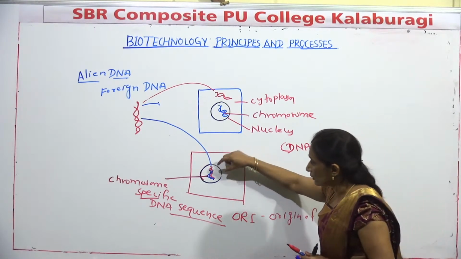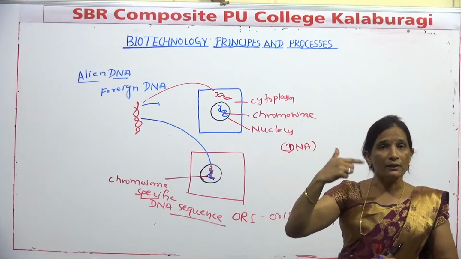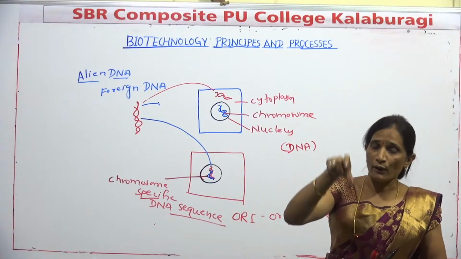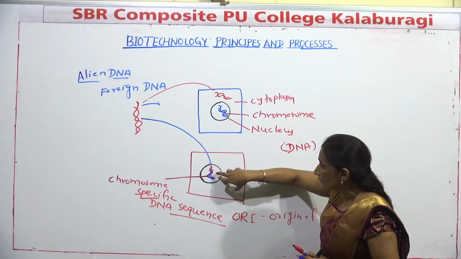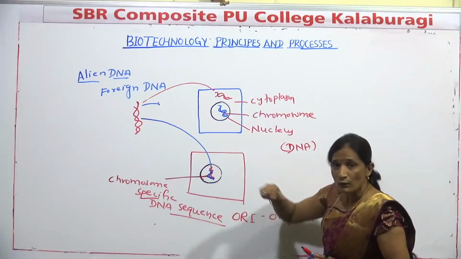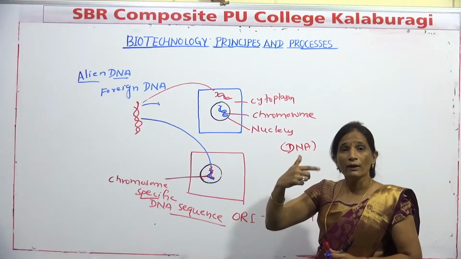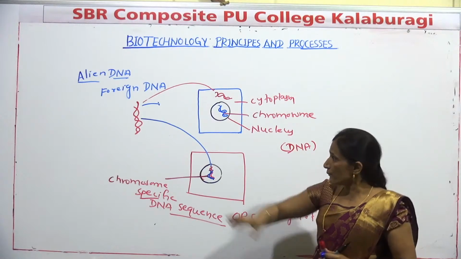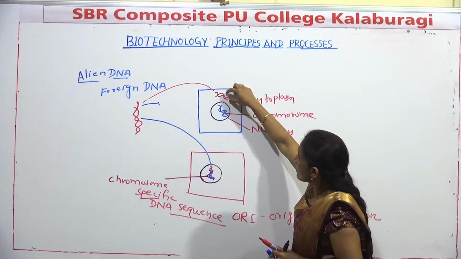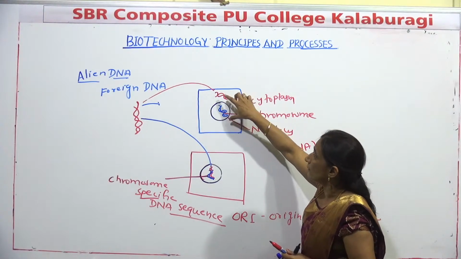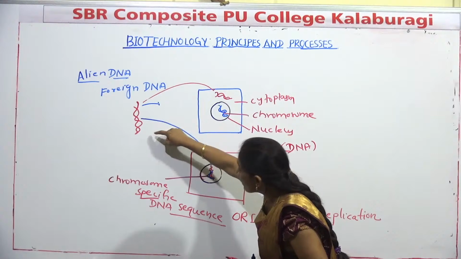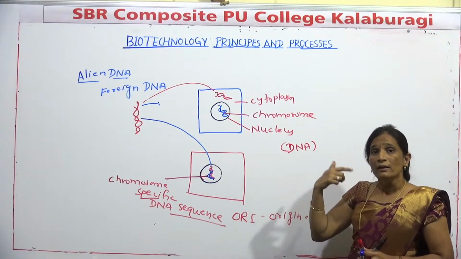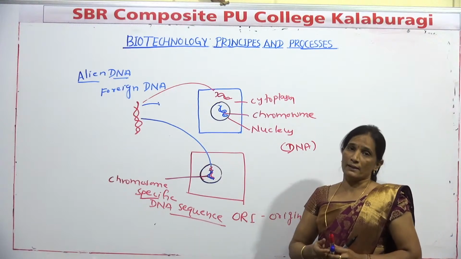Through this, replication is going to begin. When the aligned DNA or foreign DNA is integrated with this region or binds with it, it is going to replicate, or we can say multiply. If this DNA is introduced here, it is not going to replicate, but when it is integrated with the chromosome, it is going to replicate and multiply.